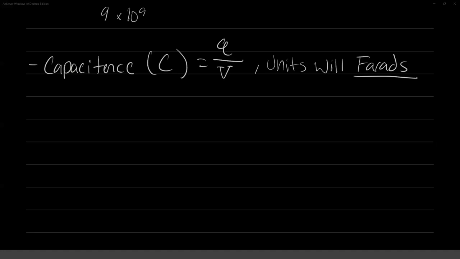So farads are really, really big, right? So usually you can expect if you're going to get an answer for a capacitance question in farads, a lot of the time it's going to be a very small number, like microfarads or millifarads or nanofarads, right?